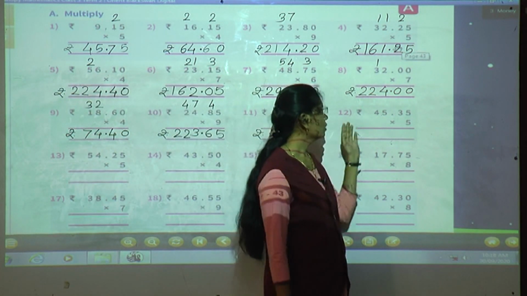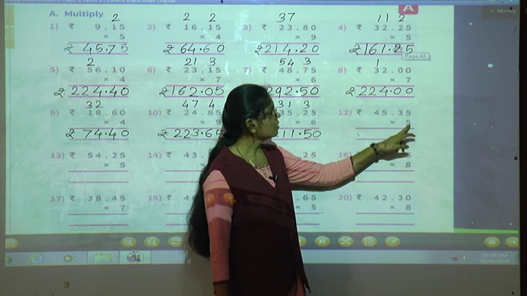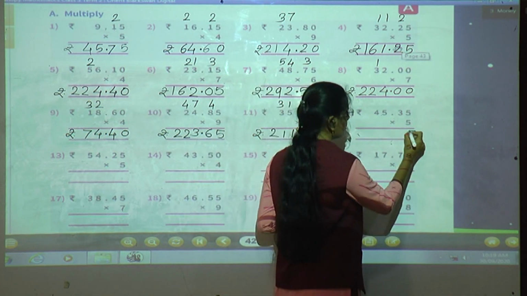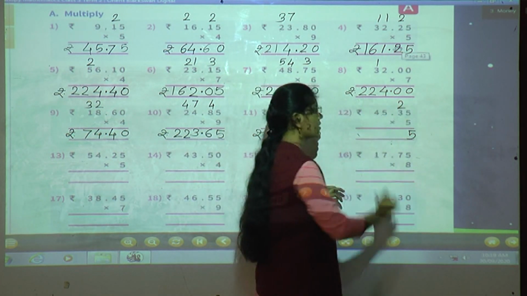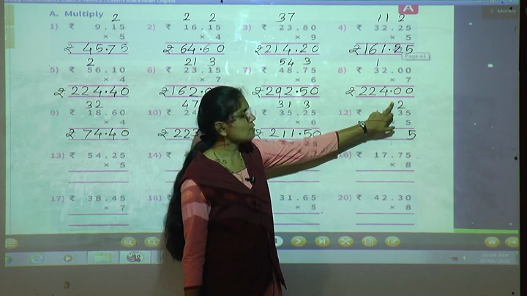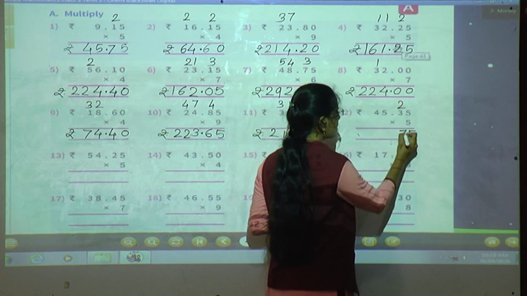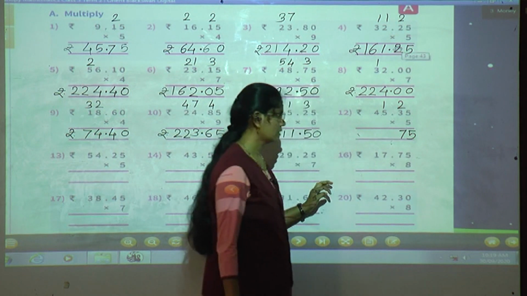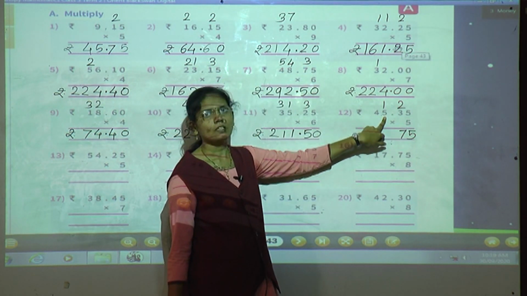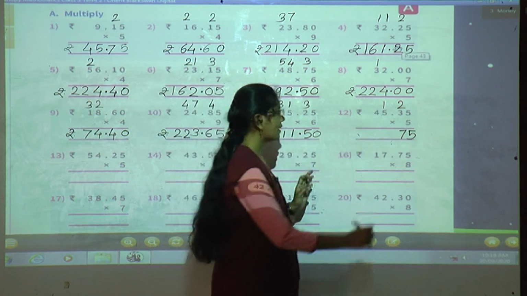Read this. Rupees 45.35 into 5. 5 5s are 25. So here we'll write 5 and 2 as a carry. Then 5 3s are 15 plus 2, 17. So here we'll write 7 and 1 as a carry. Then 5 into 5, 5 5s are 25 plus 1, 26.